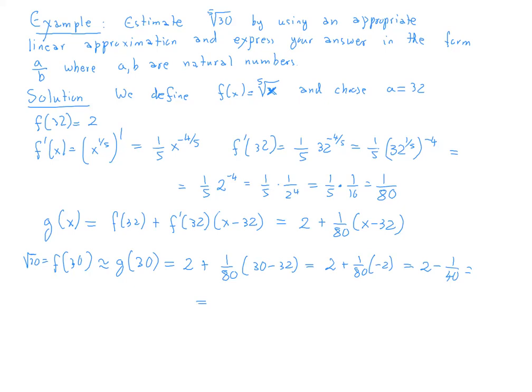And 2 is the same thing as 80/40, minus 1/40. So that's 79/40. Okay, and that's it. So our guesstimate, if you like, for the fifth root of 30 is 79/40.